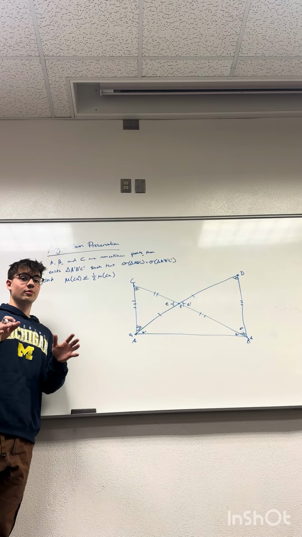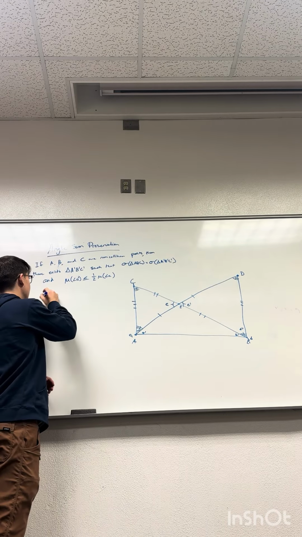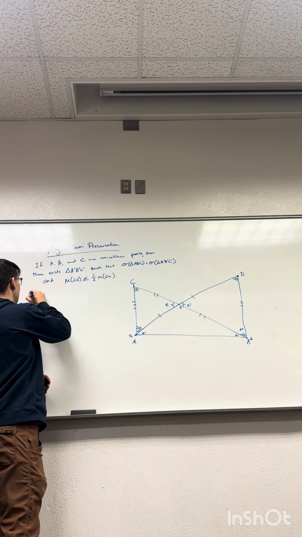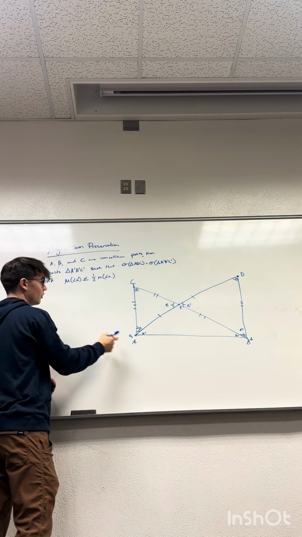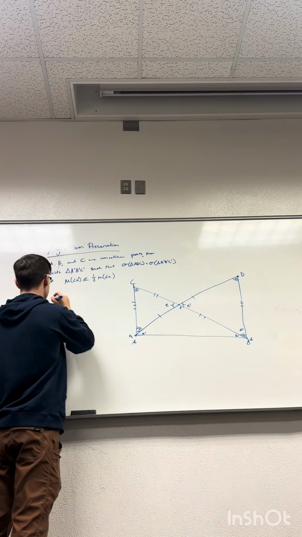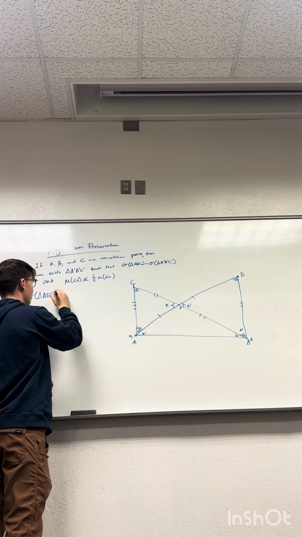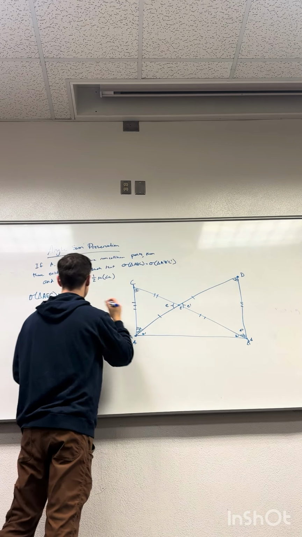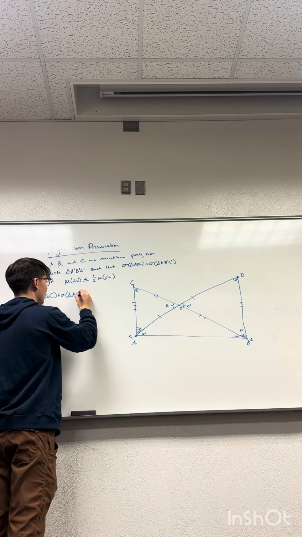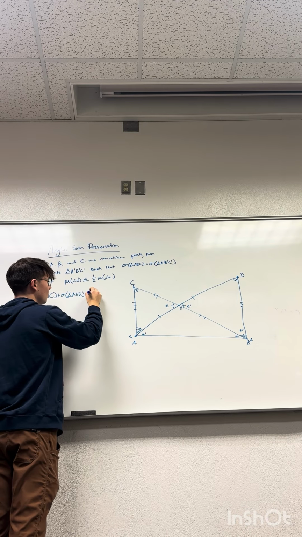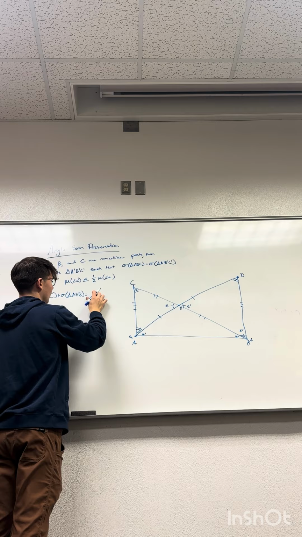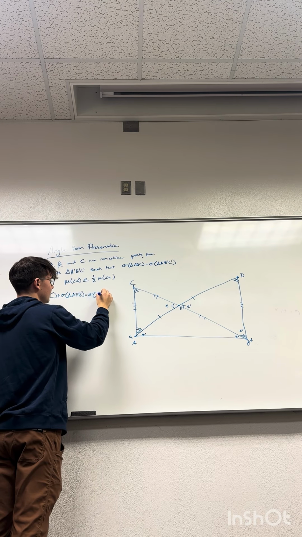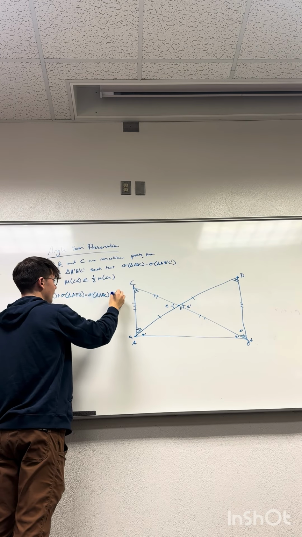We learned from the sum of subtriangles postulate that the angle measures of triangles AEC and AEB are equal to the overall sum of ABC plus 180 degrees.